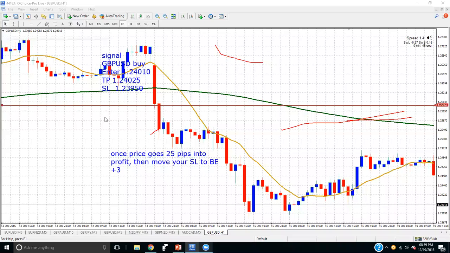Click on the F. Now an indicator window opens and it says main window. Select main window. Then it says trend, and moving average is below trend. Select moving average.